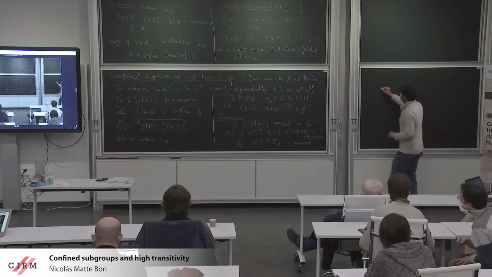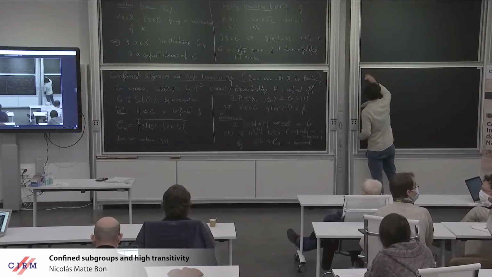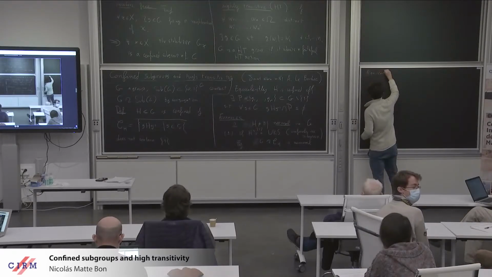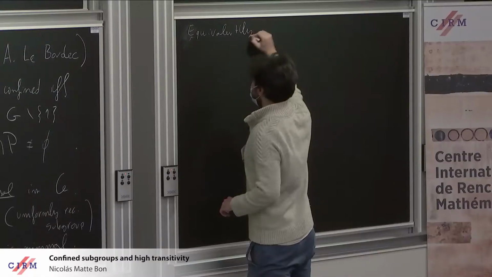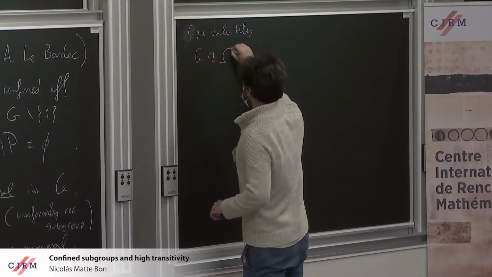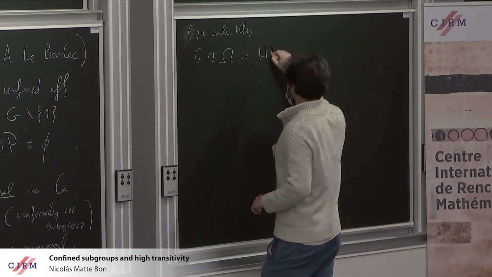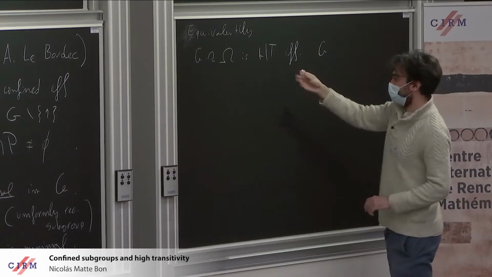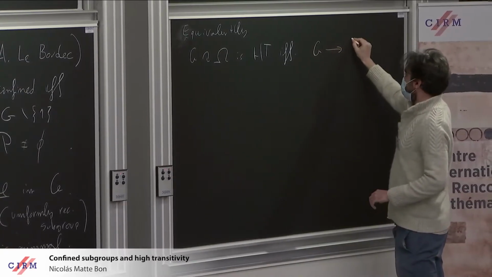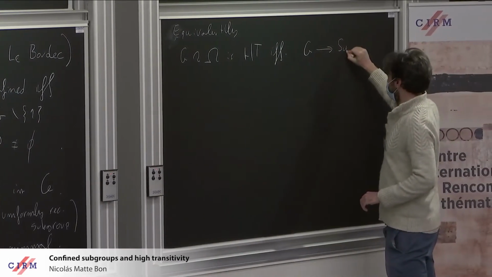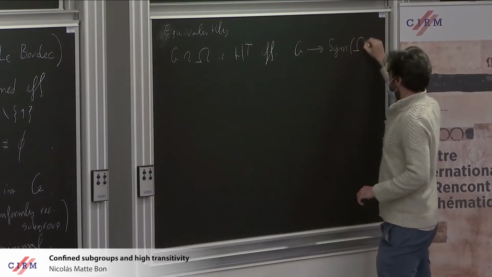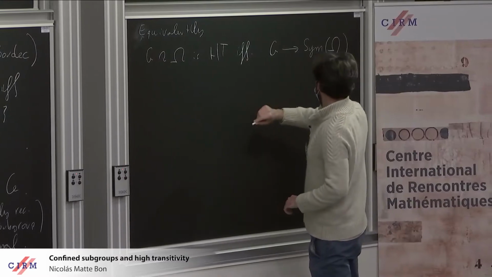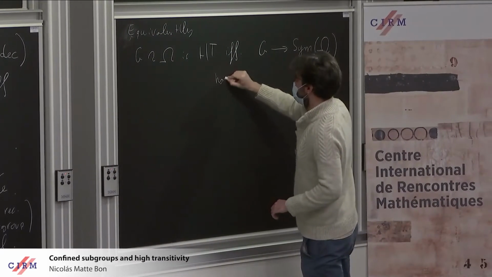Okay, so a remark, equivalently, which is a bit more conceptual: G acting on omega is a highly transitive action if and only if, when you have an action, you have a homomorphism to the symmetric group, the group of all permutations of omega, the associated homomorphism has dense image.